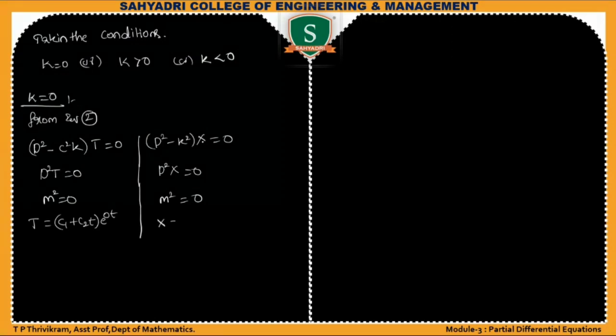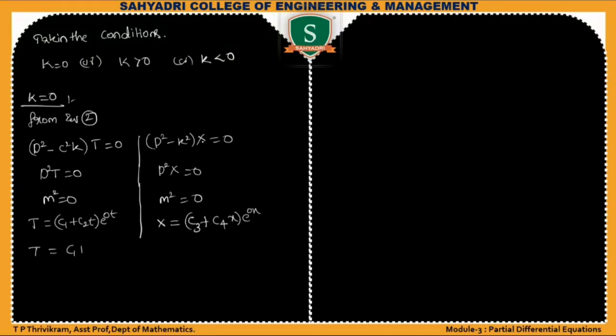Similarly, x is equal to (c3 plus c4 x) e power 0x. So finally, t is nothing but c1 plus c2 t, and x is nothing but c3 plus c4 x.